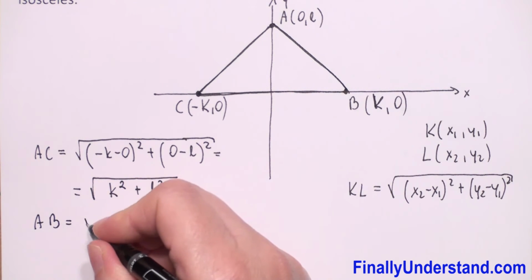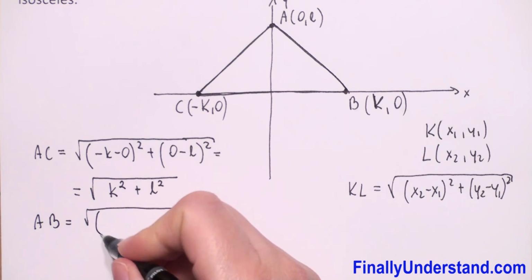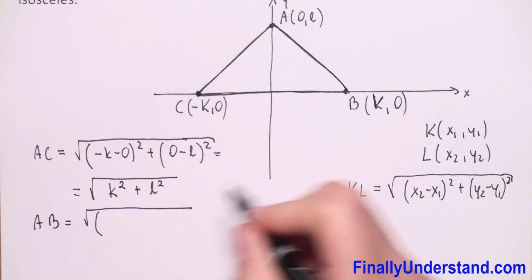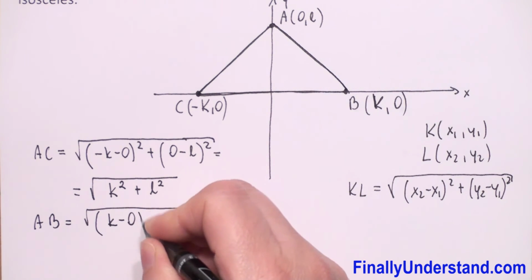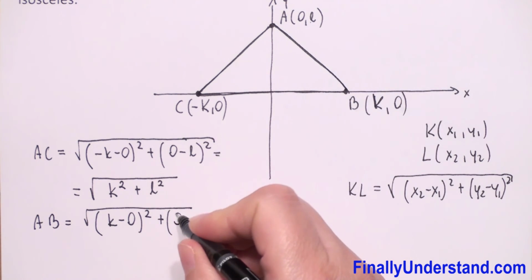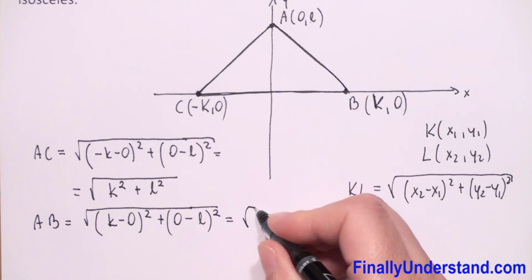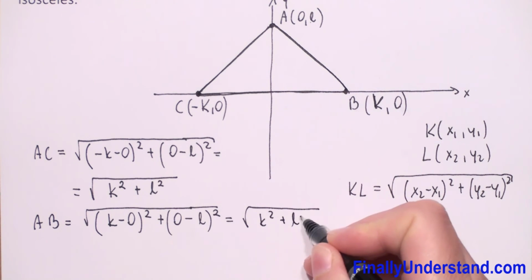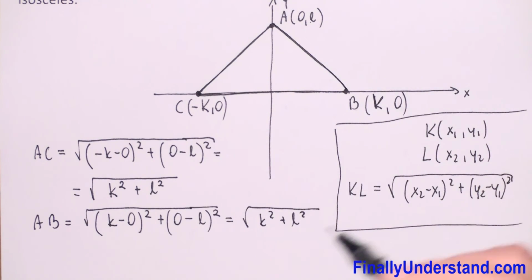Now we have to find AB. AB is equal to the square root of, and B is the last point, so (K minus 0) to the second power plus (0 minus L) to the second power. So this is equal to the square root of K square plus L square. This was the formula for the distance.